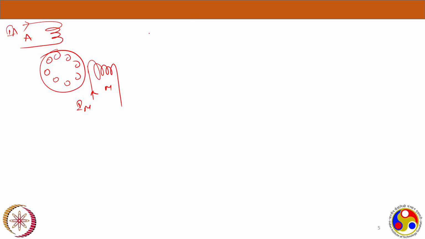There is no need that they both should be balanced. If we assume the worst case, maybe they are unbalanced, then we have to go for this sequence analysis. So I'm assuming M and A are unbalanced.